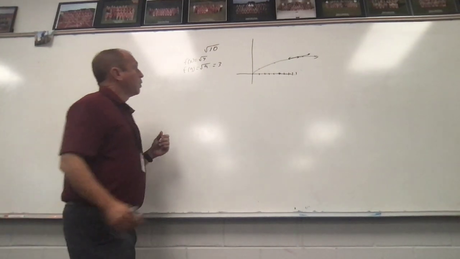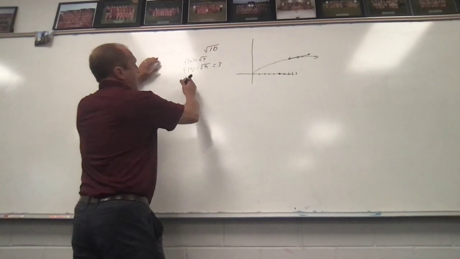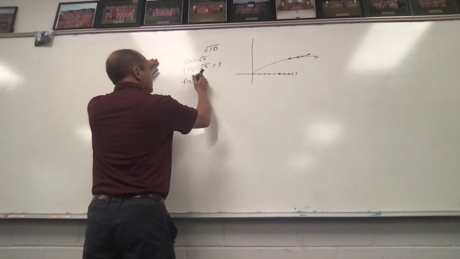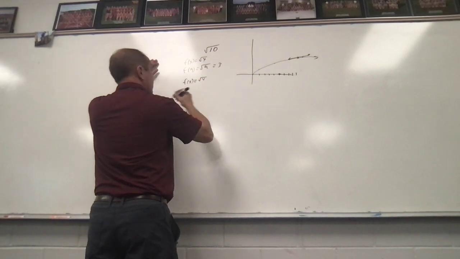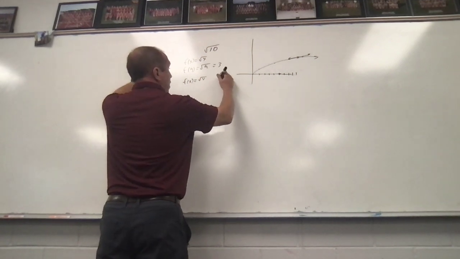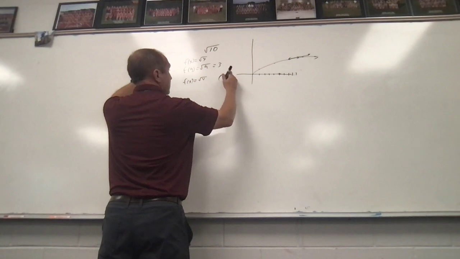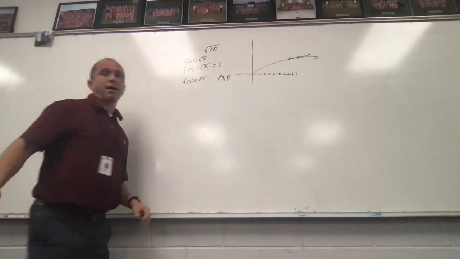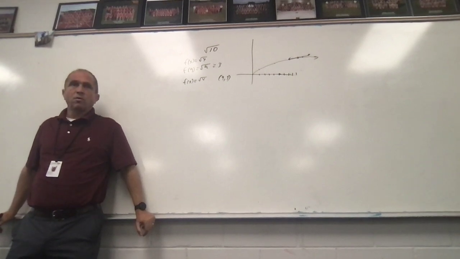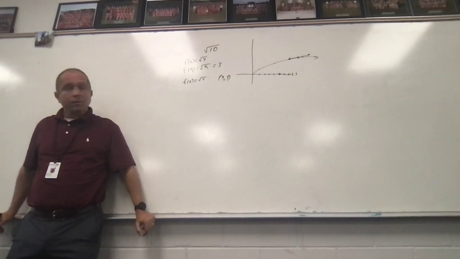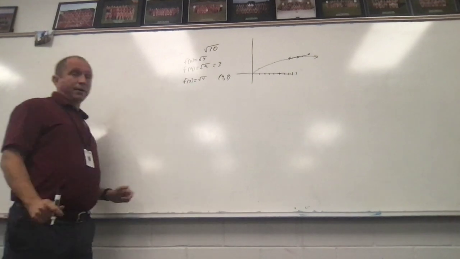Well, my graph is f of x equals the square root of x, and I know that I have the point 9, 3 on that graph. Right? Now, what is the slope there?